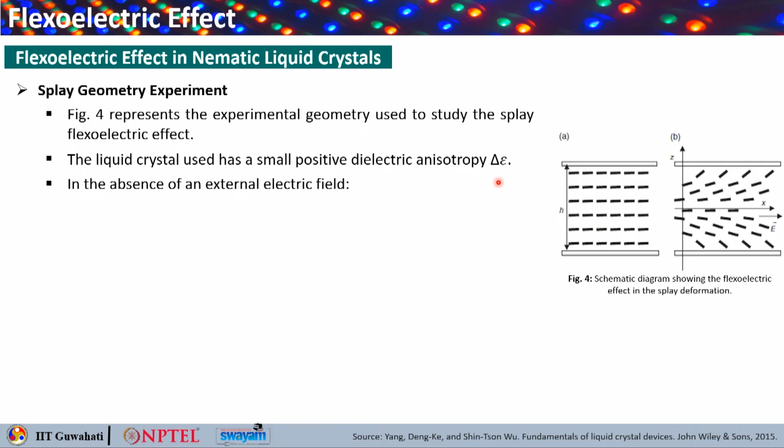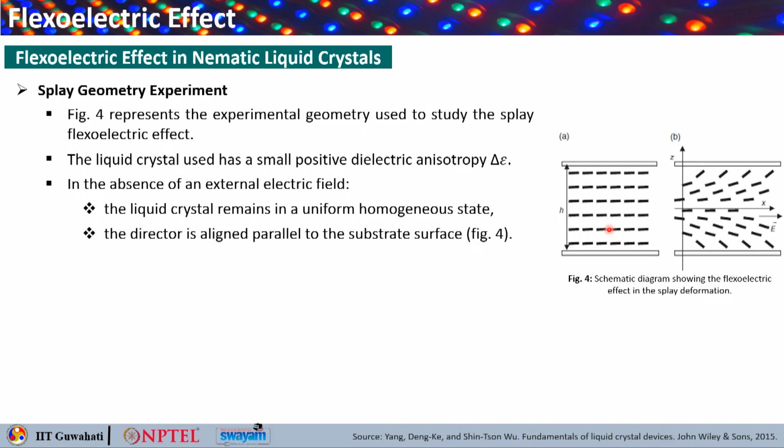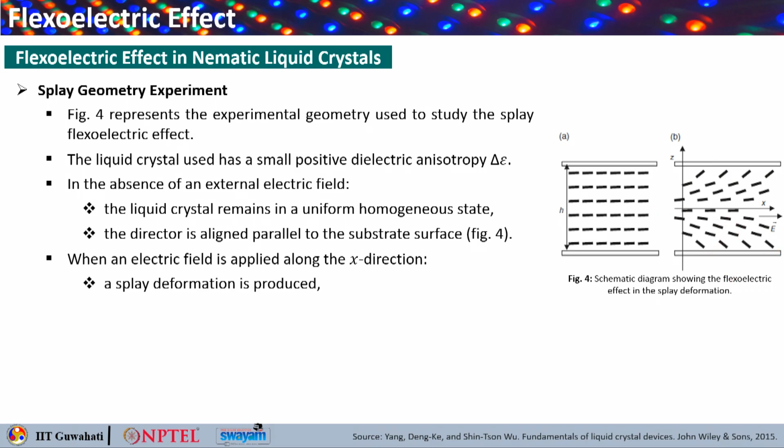In the absence of an electric field, again the liquid crystals remain in a uniform homogeneous state, and the director is aligned parallel to the substrate surface. That was the same in the previous case as well. Now if you mark the axis like this, the director is in the x direction and you apply the electric field also along that direction.